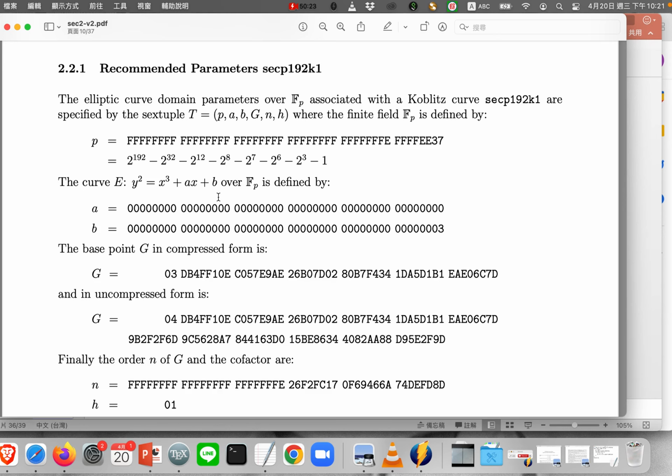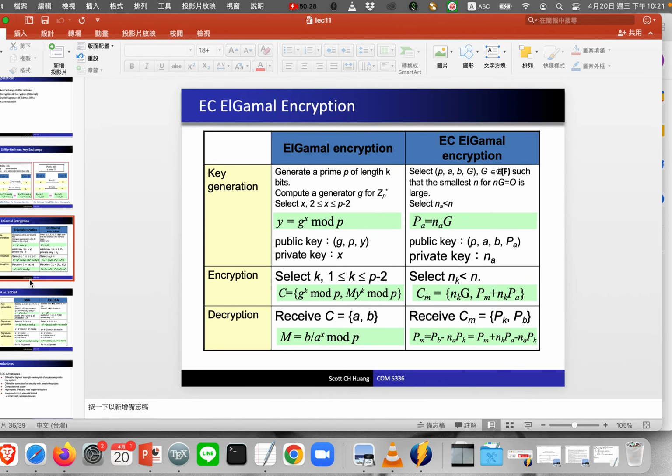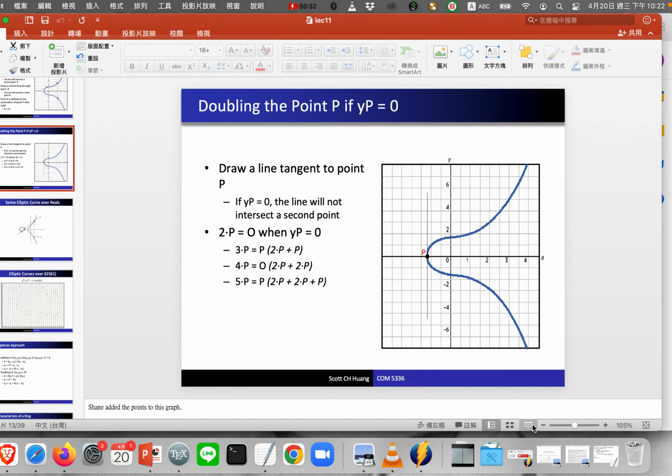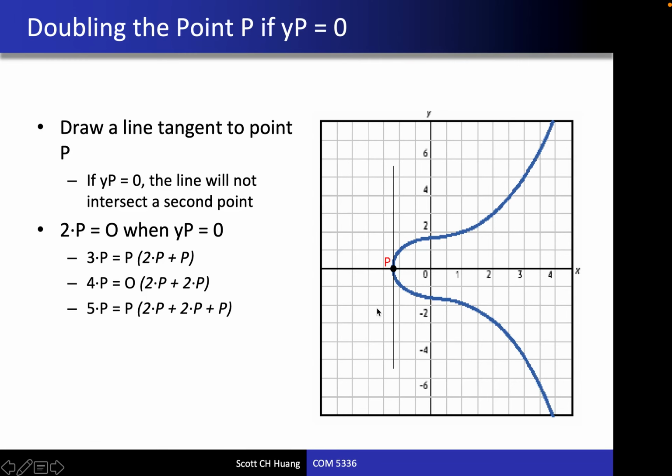Just like the ordinary elliptic curves over the real numbers, you give me any point on x here. Let's say your x is equal to 1, then you have 2 square roots. But what if your x is here? If your x is here, then you do not have any solution at all.